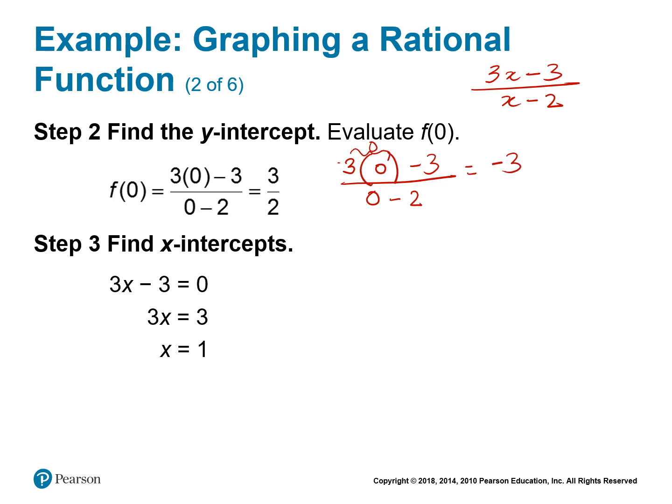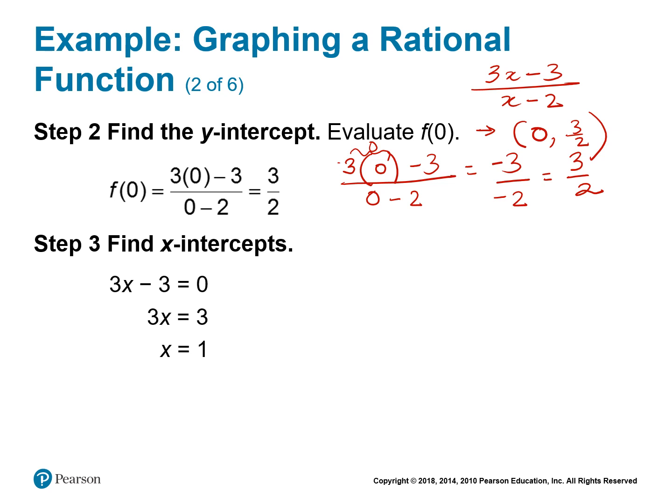The denominator becomes 0 minus 2, which is negative 2. A negative divided by a negative becomes a positive, so we have 3 over 2. So the y-intercept is going to be at (0, 3/2). That's the y-intercept with both the coordinates, (0, 3/2).